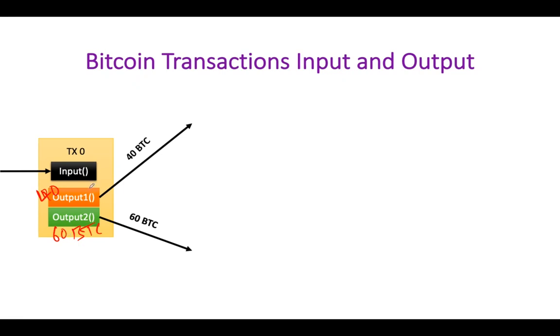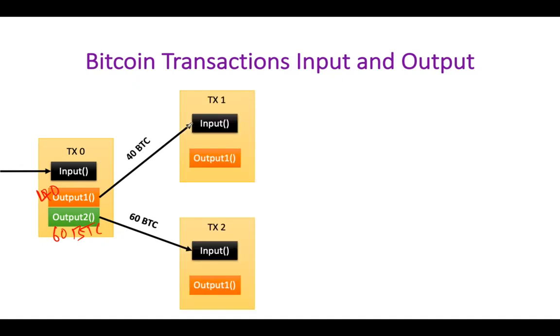When you are transferring these, whatever available coins are there will be taken for spending purposes. We call that the input. So from this 40 Bitcoin, you can create some transactions. How are you going to spend this?